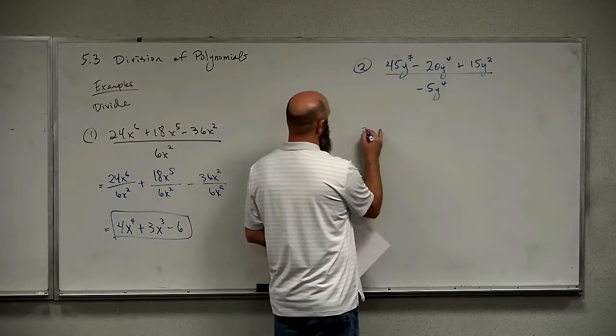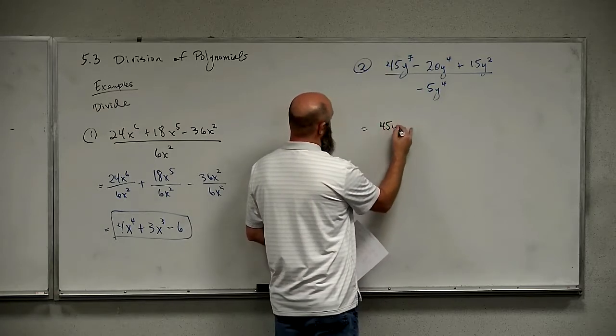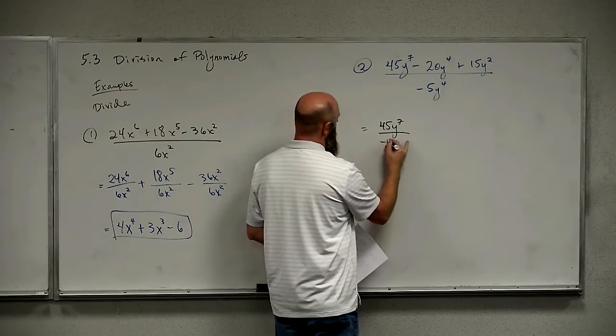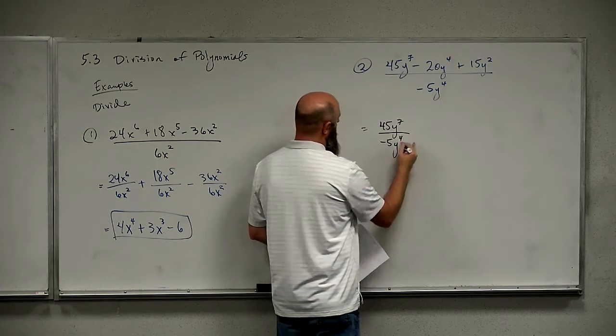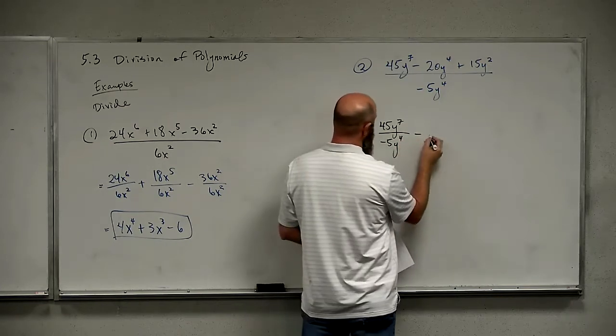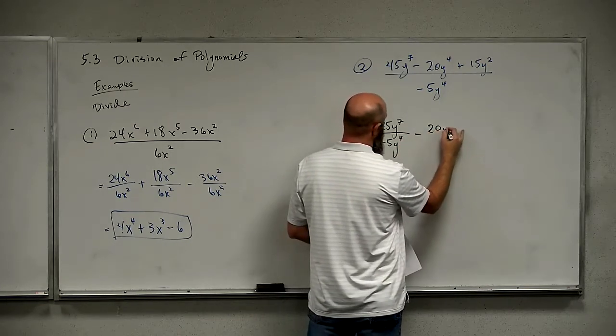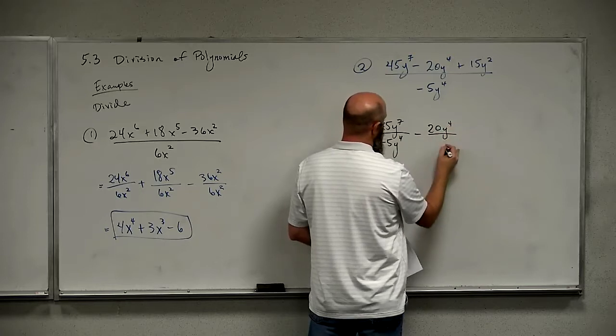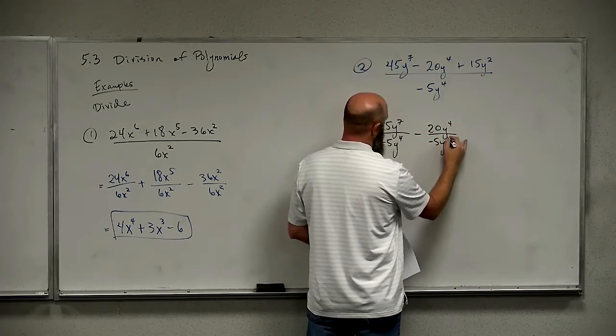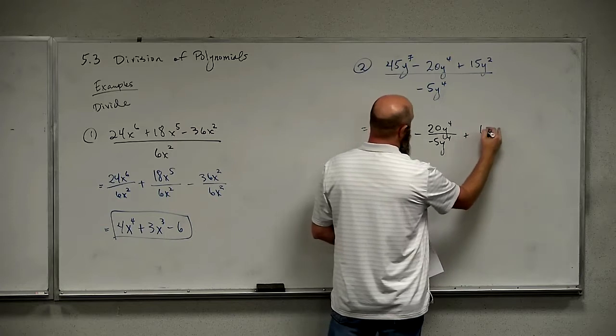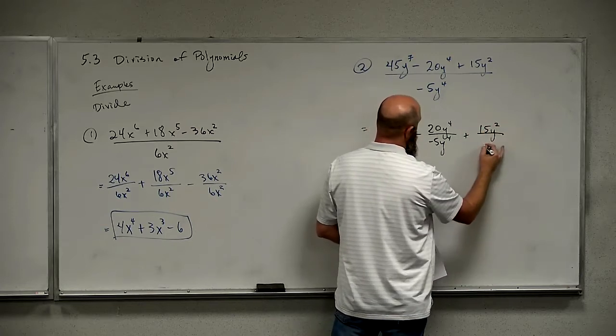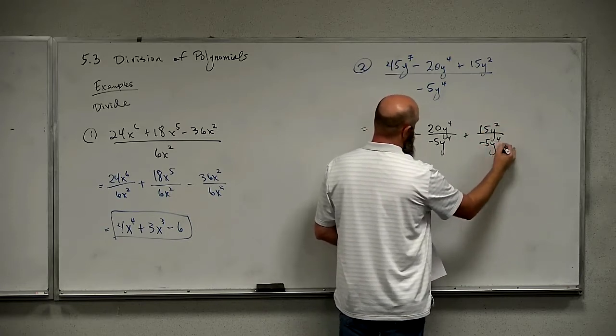So we're going to do that. 45y to the 7th over negative 5y to the 4th minus 20y to the 4th over negative 5y to the 4th and plus 15y squared over negative 5y to the 4th.